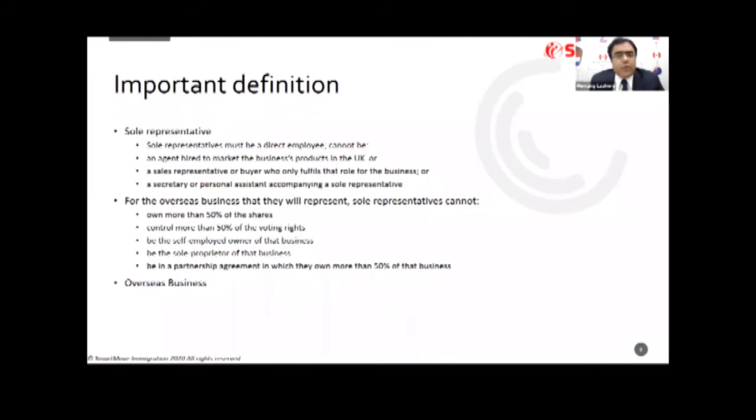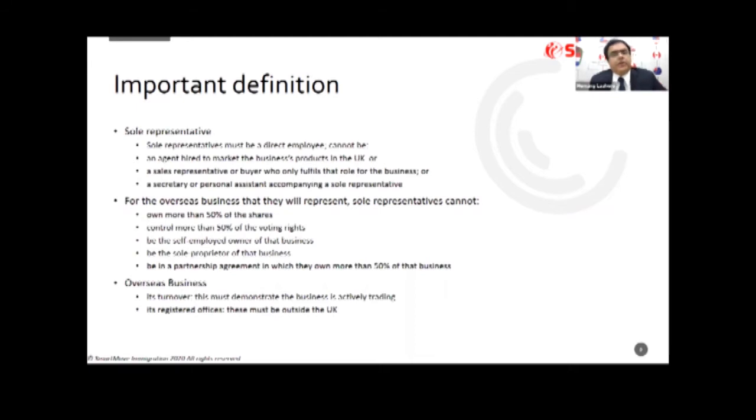And when we look at the definition of an overseas business, typically what the Home Office is looking for is to say, is this business having some kind of a turnover? Is it actively trading as a business? The business must have a registered office outside the UK. So the principal place of business could be in Dubai, could be in Singapore, could be in the US, could be in Indonesia, or it could be in India.